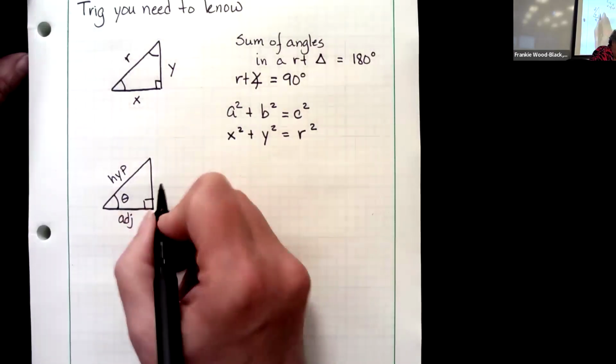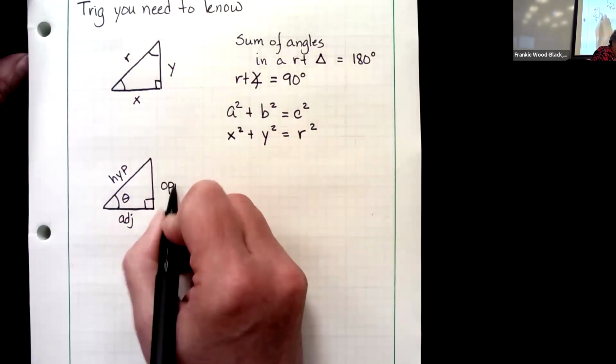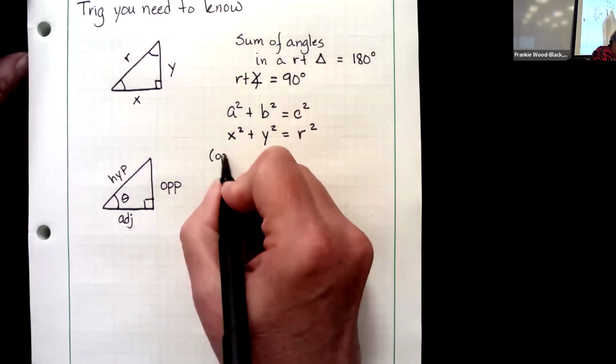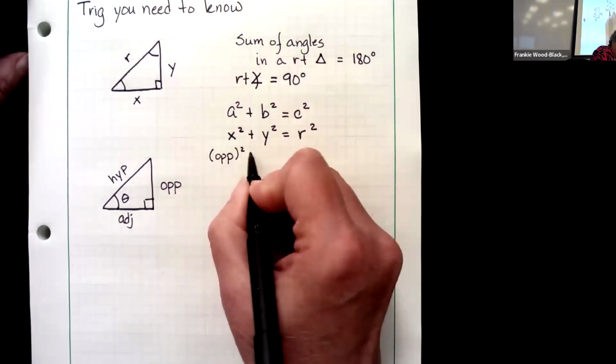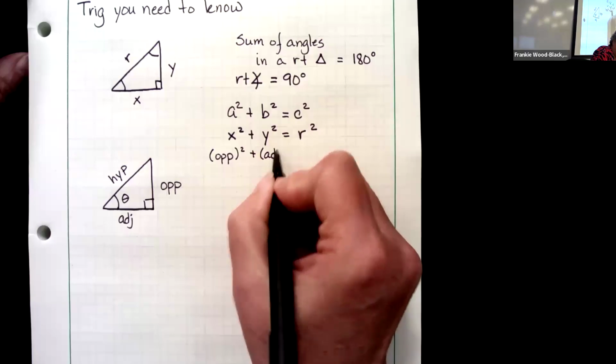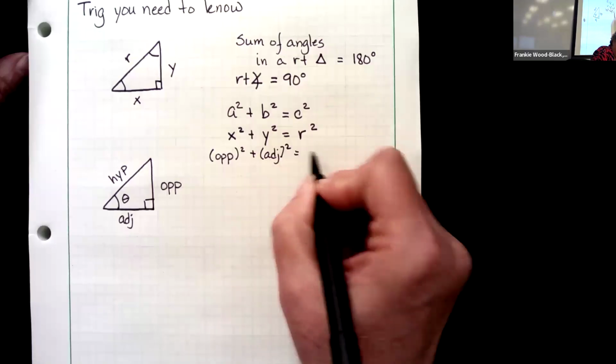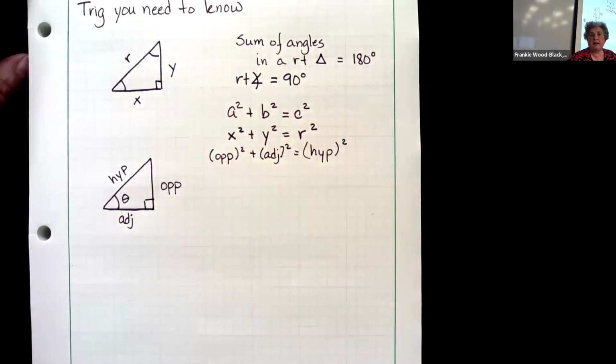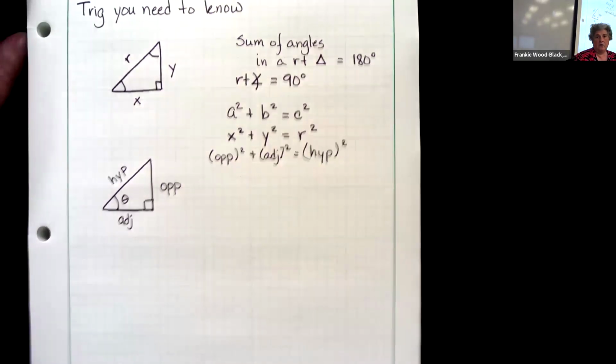And this is the opposite side of my triangle. So now I can write this as my opposite squared plus my adjacent squared is going to equal my hypotenuse squared. So you now have another way to look at your sheet.